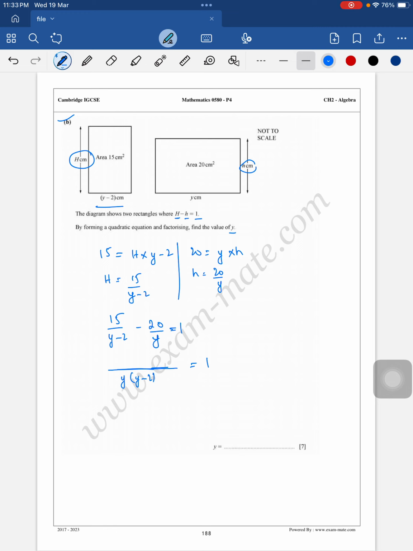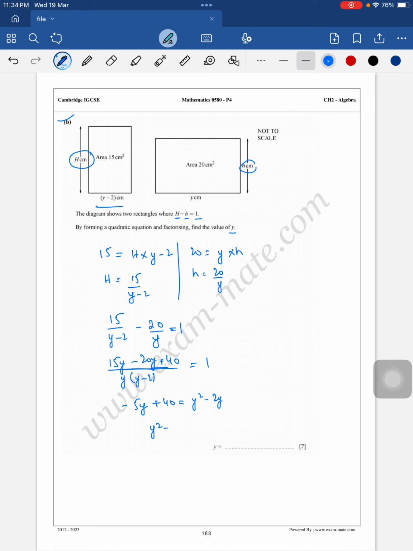y minus 2 cancels, 15y comes, minus y cancels, 20y plus 40. So 15y minus 20y is minus 5y plus 40 is equal to y into y minus 2 into 1, that is y square minus 2y, right?